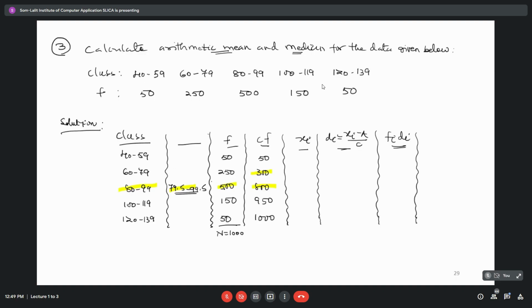What is C here? Tell me C. 19 or 20? It is not 19, it is 20. So C is 20.